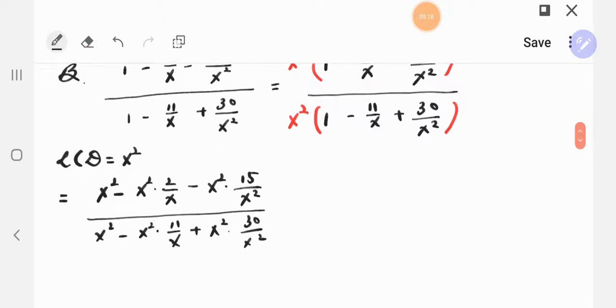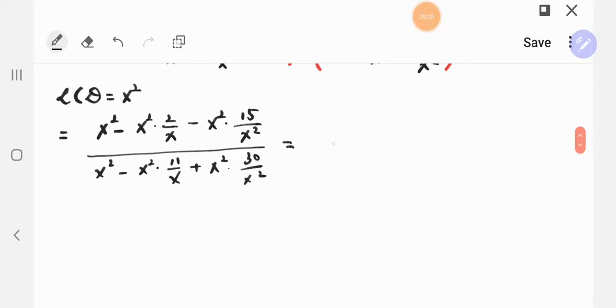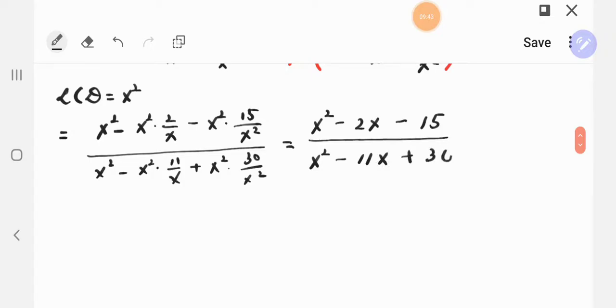All right, and then simplify each numerator and the denominator. So the numerator x squared, and then 1x cancels out, so we have minus 2x left, and then x squared cancels out, so 15. From the denominator, x squared, 1x cancels out, so 11x, x squared cancels out, so we have 30.